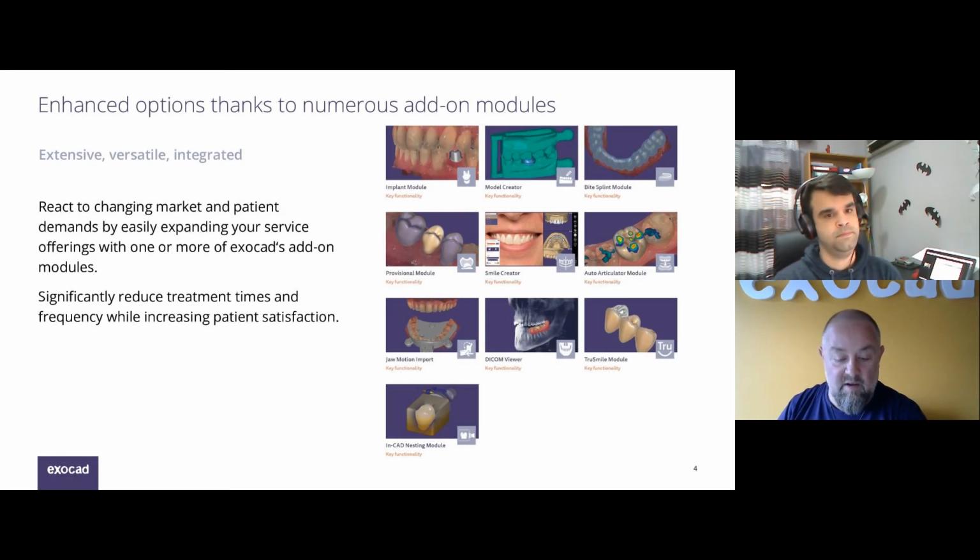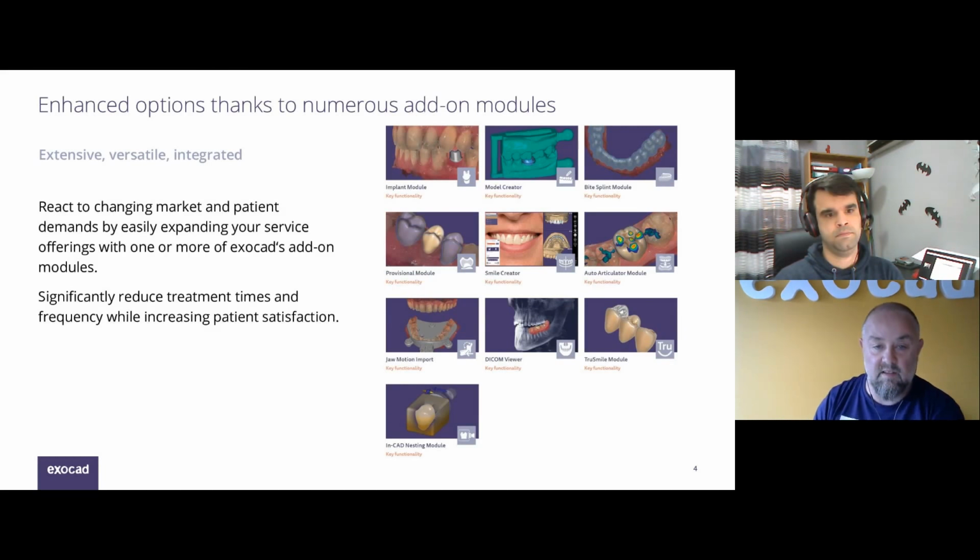Matera comes with 5 new add-on modules, making chairside CAD a full-featured high-performance design software. The new modules are the implant module, the model creator, the jaw motion module, the smile creator, and the DICOM viewer. So actually today with exocad chairside CAD Matera, you are able to do all kind of implant restorations.